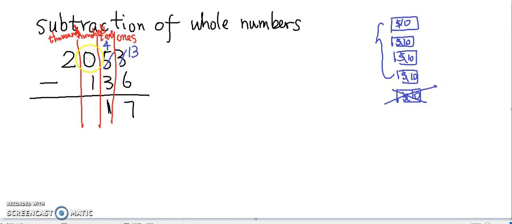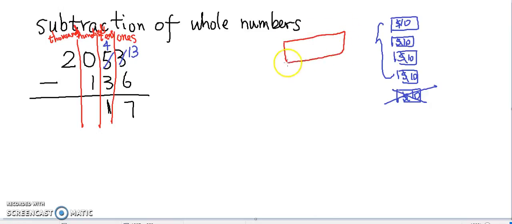Now let's do the next place. So 0 minus 1. Okay, we cannot subtract 1 from 0. So what we're going to do is borrow again. Just imagine we have two $1,000 bills.